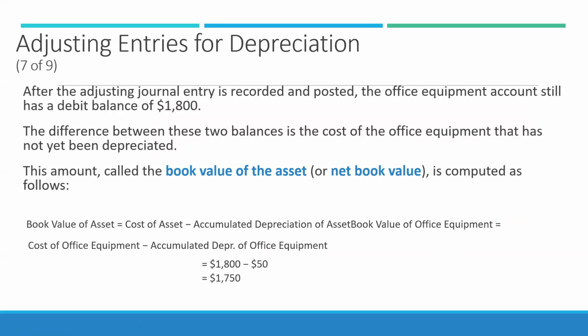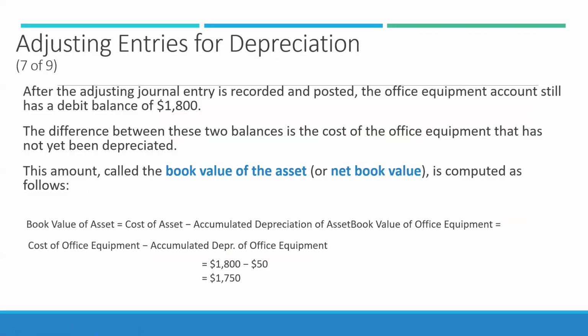After the adjusting journal entry is recorded and posted, the office equipment account still has a debit balance of 1,800. But the two balances combined give us what we call the book value of the asset. So we'll always keep those together.